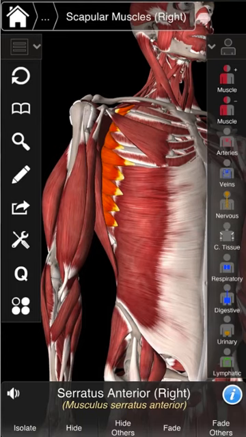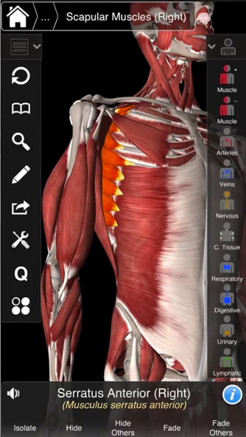There's no direct bone-to-bone connection. Instead, there's a muscle that sits between the anterior surface of the scapula and the posterior surface of the ribs. Specifically, that muscle is serratus anterior. So it's the one that sits between your scapula and your rib cage, making it the scapulothoracic articulation.